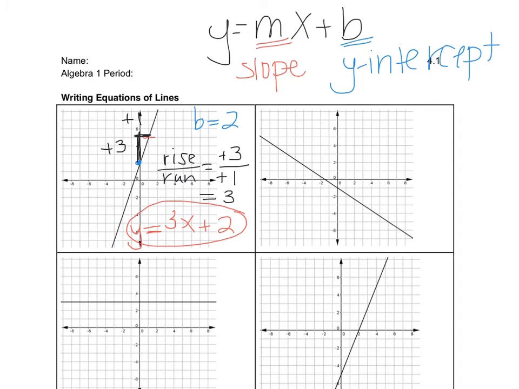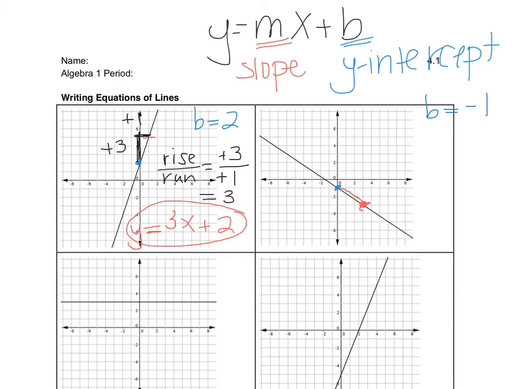For my next one, let's find the y-intercept. Here it is, right at negative 1. So b equals negative 1. Then let's find another nice point, and if I trace this along, we get to another nice point right here. And now I want to find the rise and the run.